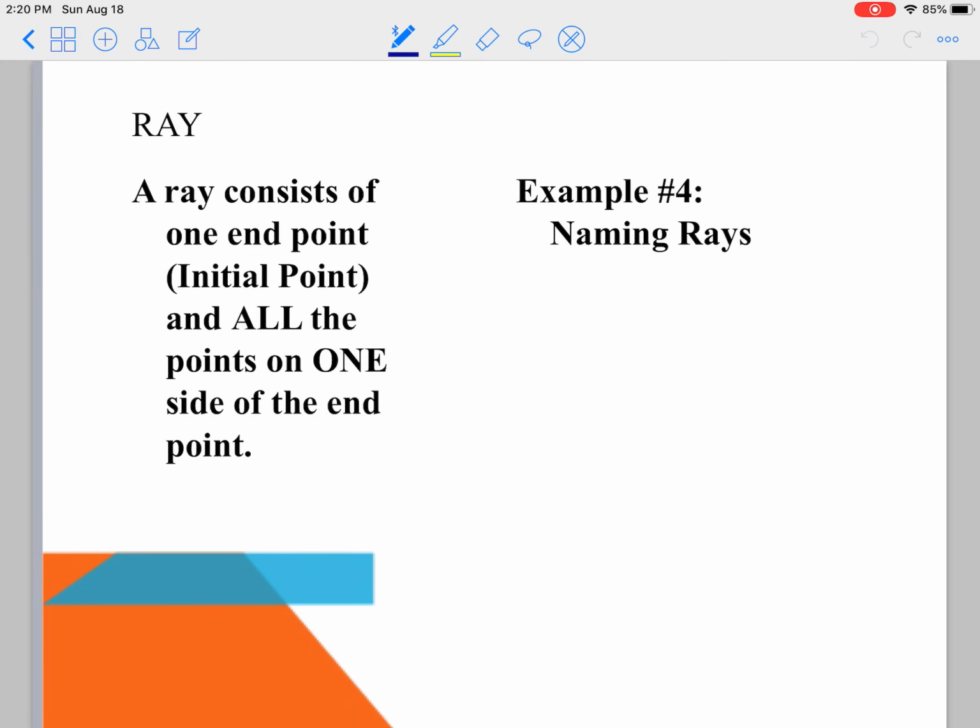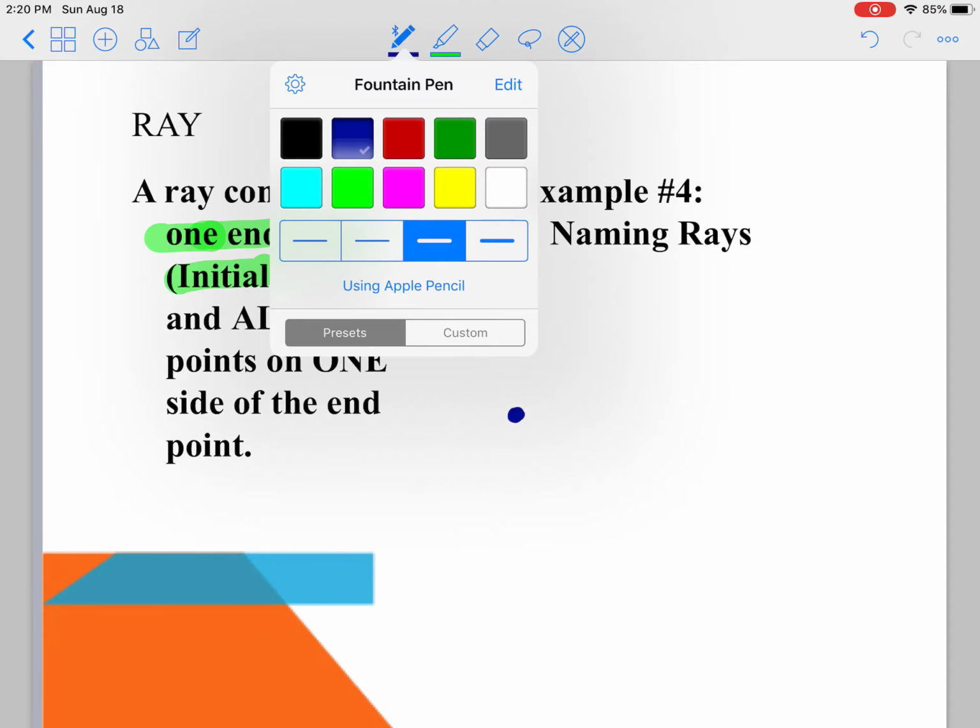Ray. So once again, we have new terminology. A ray consists of one endpoint. So now I only have a single endpoint called the initial point. So what I'm going to have is an initial endpoint, and now we could call this endpoint anything we want.